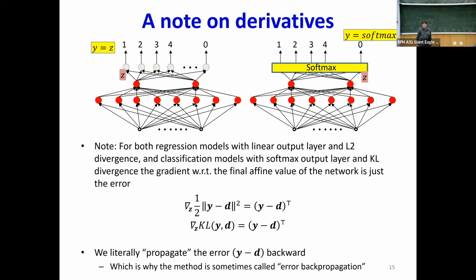And so the derivative, and then I have my d, and when I perform regression, you typically will use y minus d whole squared, the L2 divergence. Now, what is the derivative of this term with respect to y?